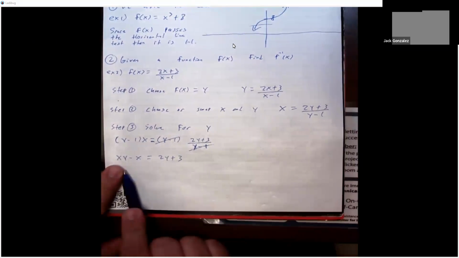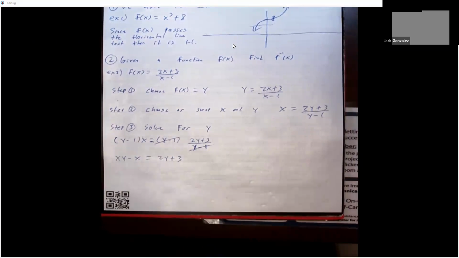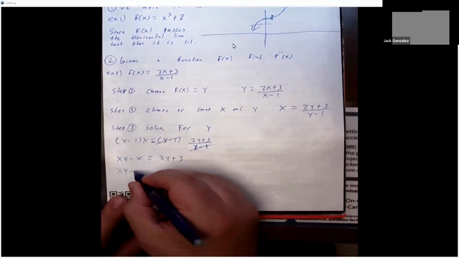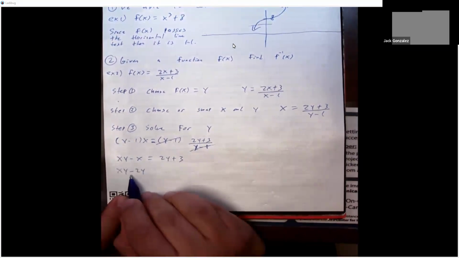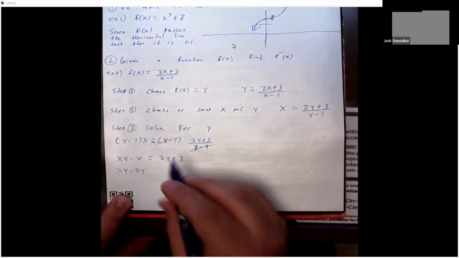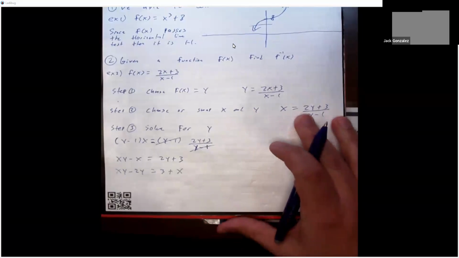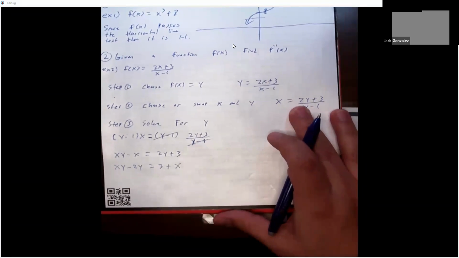Next step is get all the y on one side, and all the other stuff on the other side. So I'm going to move the 2y over here. If I move it over, it's subtraction. If I add the x over, it is addition. Skip 2 minor steps there as well. You guys see how we got from here to here?